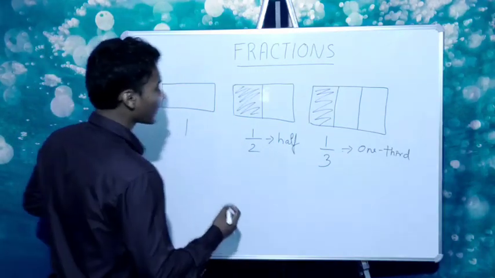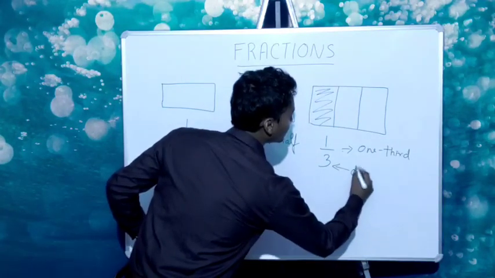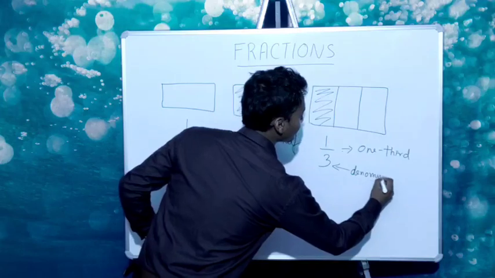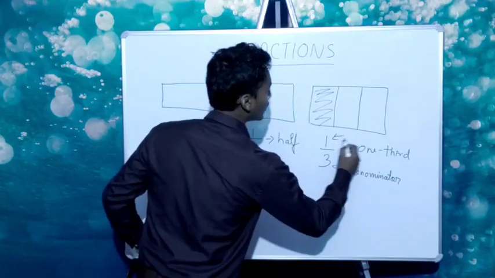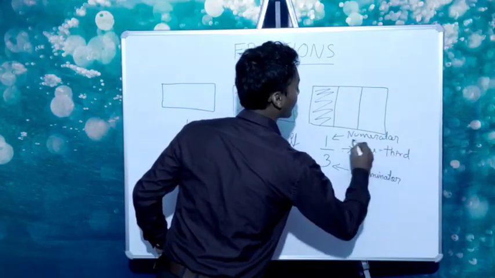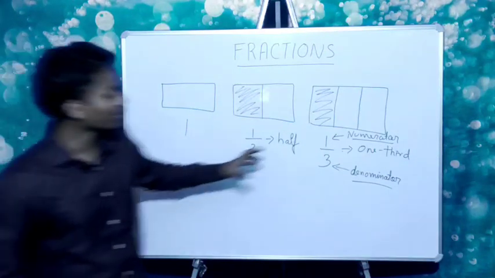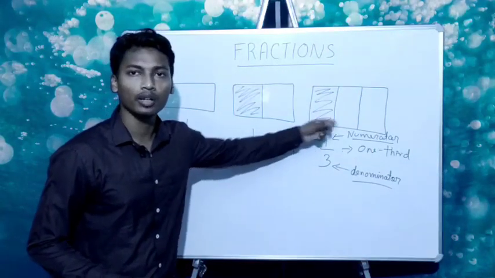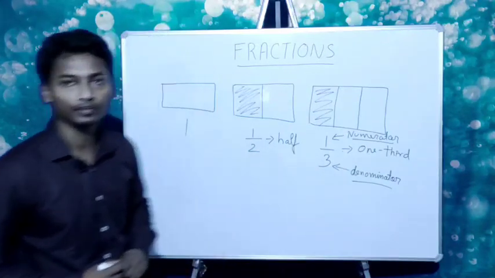So here 3 is the denominator and 1 is the numerator. So in a fractional number, the top part is called the numerator and the bottom part is called the denominator.